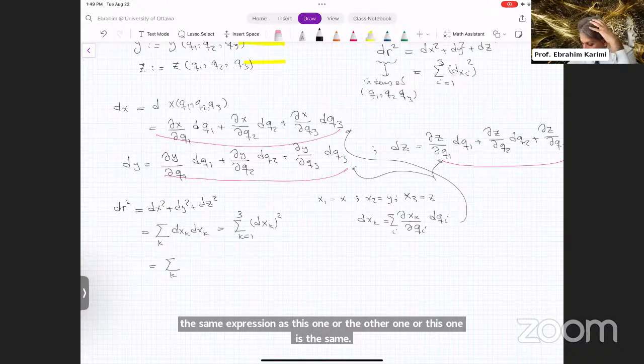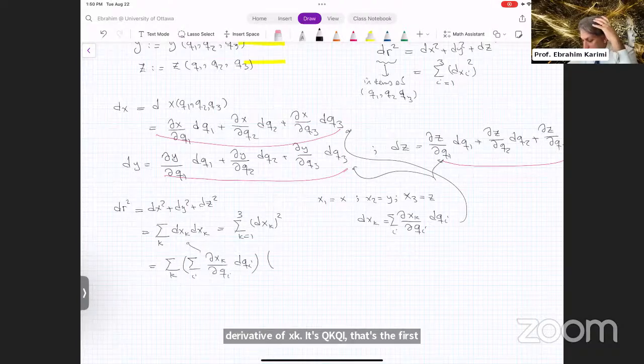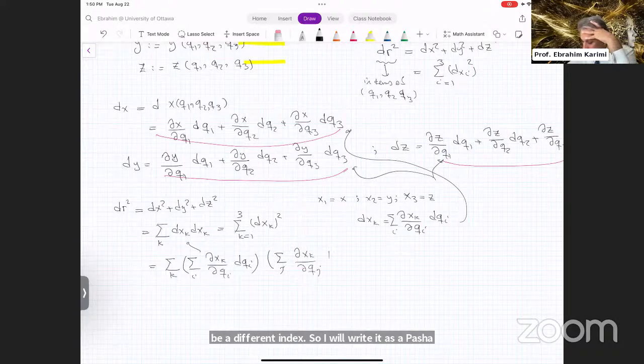So then I will have the summation over i of the partial derivative of x_k with respect to q_i, dq_i. That's the first dx. The second one is the same, but the index should be a different index. So I will write it as j, the partial derivative of x_k with respect to q_j, dq_j.